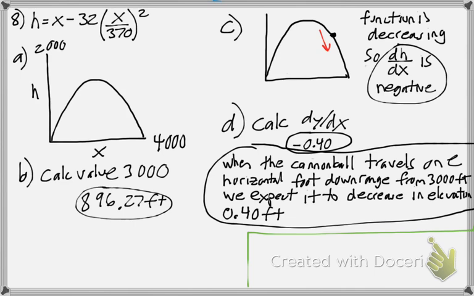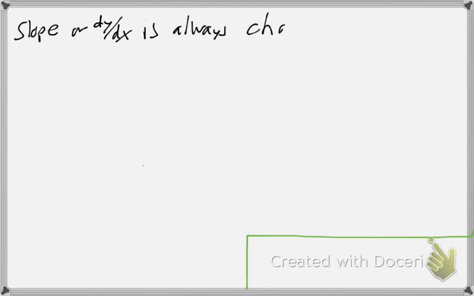I do want to talk a little bit about the dy over dx. The slope is always changing in this function. Before, in this section, we were estimating the rate of change.